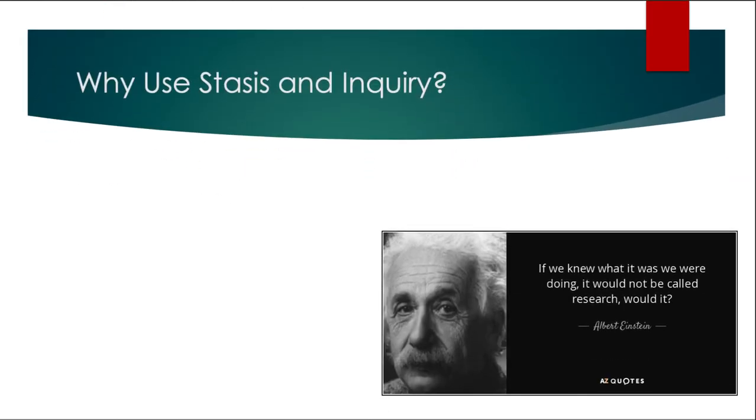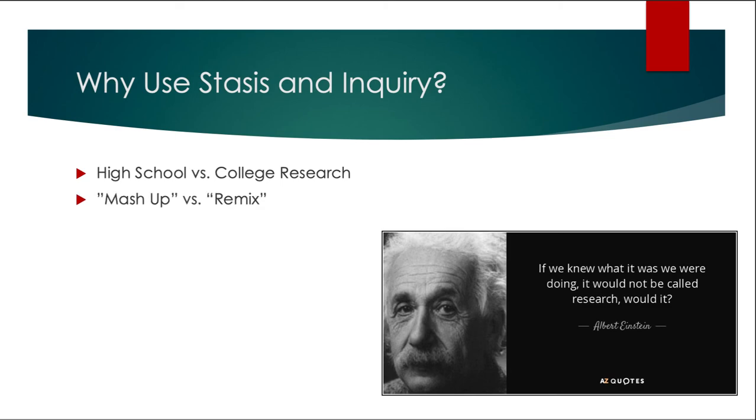So why use stasis and inquiry? Chances are you've never done a research project quite like this before. One of the reasons that we're going to be using inquiry and stasis theory this semester during this unit is because of the difference between high school and college level research. Now, in our textbook, they gave the analogy of a musical mashup to the difference between that and a musical remix.